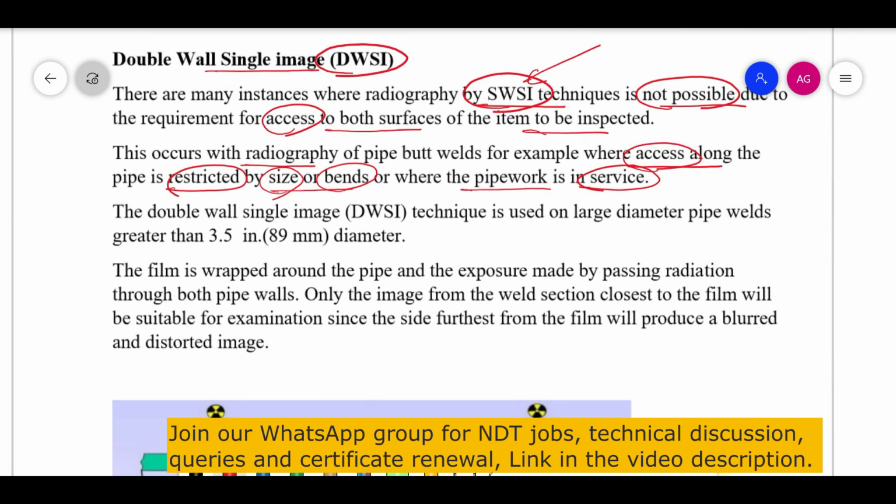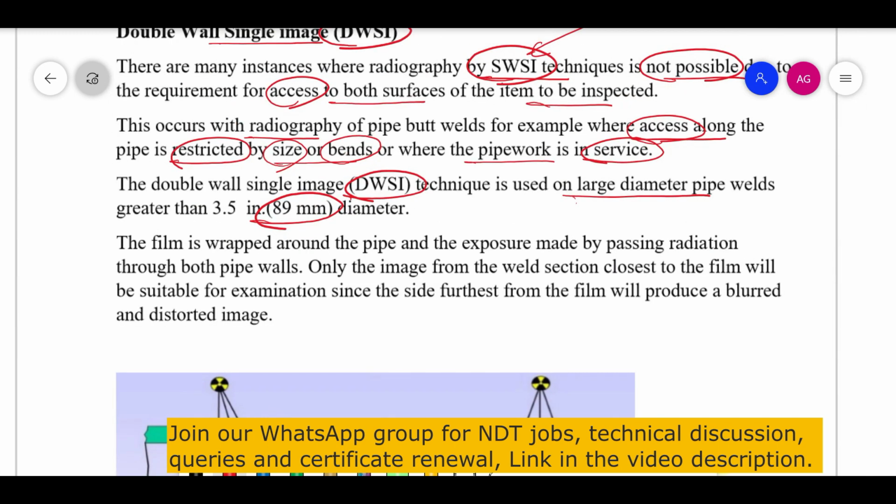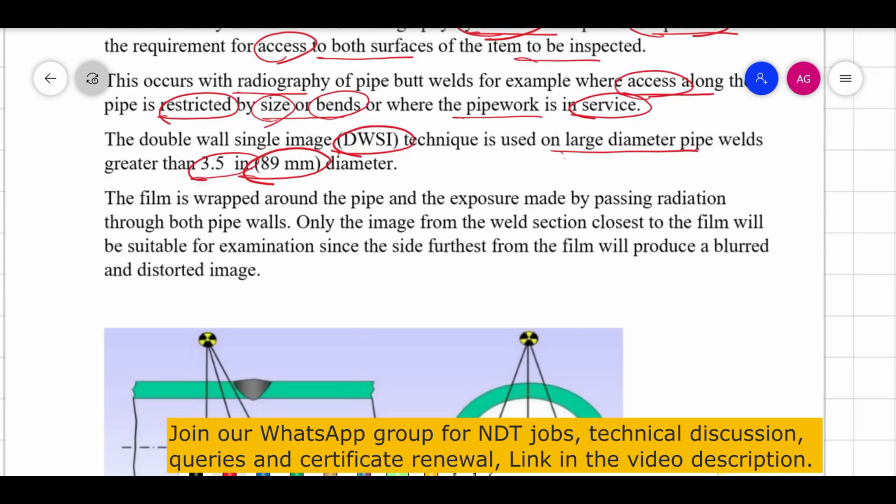At that time you have to go for the DWSI technique. The double wall single image DWSI technique is used on large diameter pipe weld greater than 89 mm diameter. You have to keep in mind that it is used on large diameter pipe with diameter greater than 3.5 inch or 89 mm.